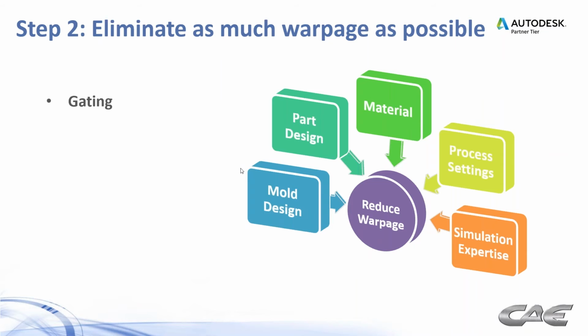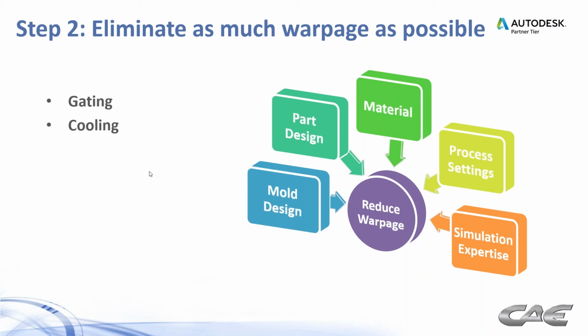That's step one. Once we have the part feased, now we want to go into analysis and try to eliminate as much warpage as possible. Reducing warpage really comes from 5 areas. You get input from mold design, you get input from part design, material properties, process settings, and of course, as I mentioned earlier, simulation expertise. So we want to make sure we've got the gates in the right position and sized properly.